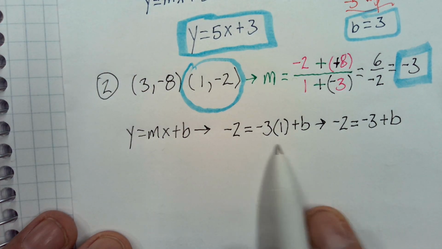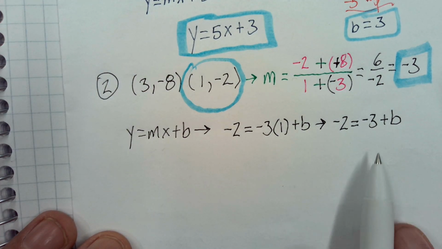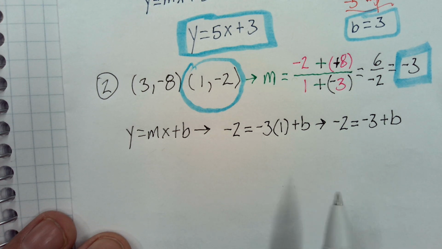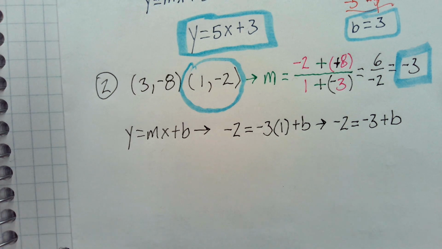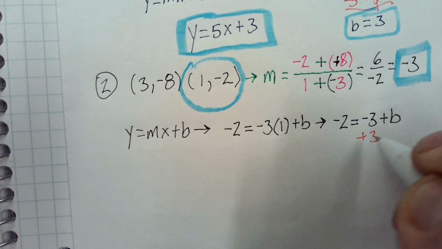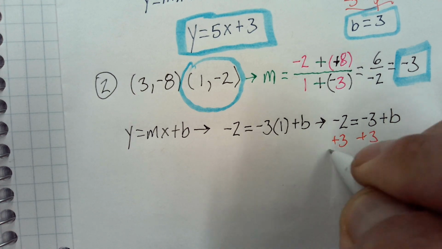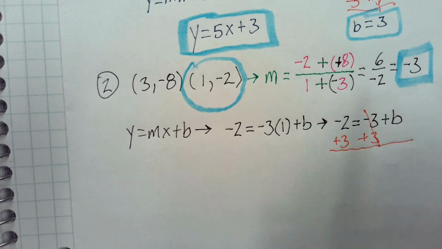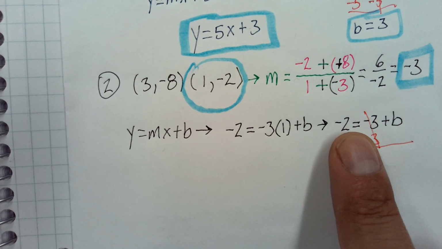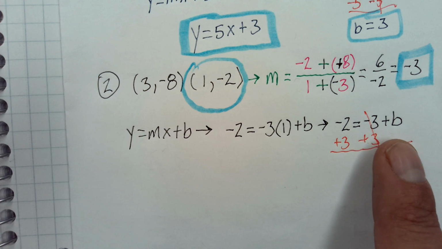Isn't it the exact same thing? We just don't have the parentheses. But now we have to solve this equation, right? Let's double check. +3 here, +3 there. Cancels. -2 plus 3 is 1. But also we could think of it logically. -2 equals -3 plus 1, right?